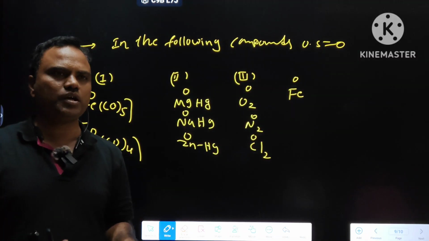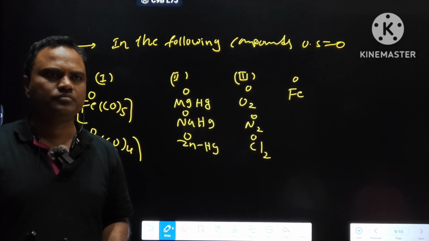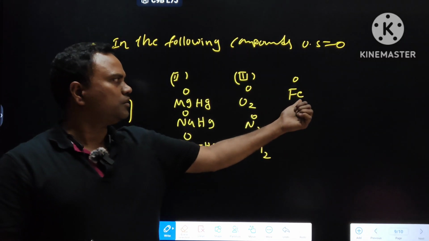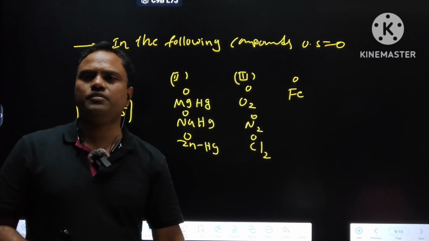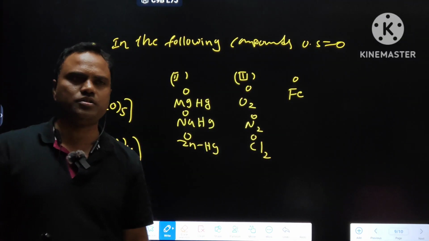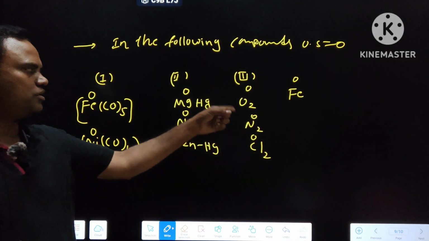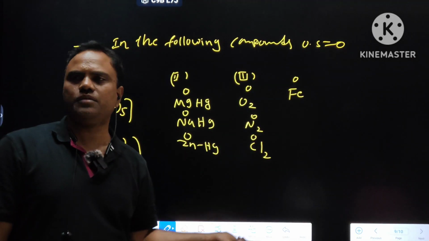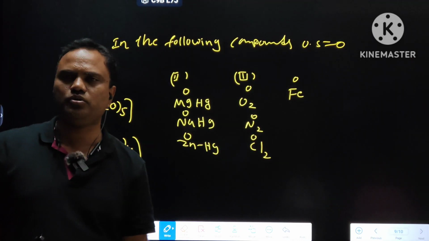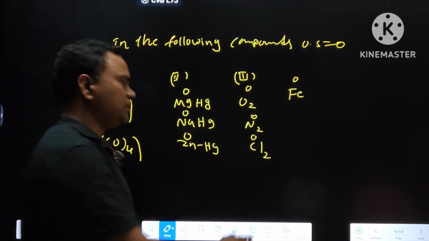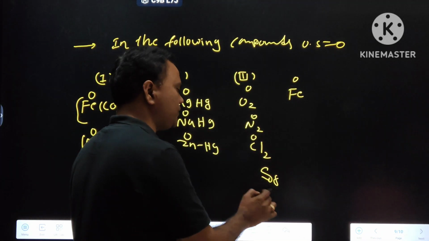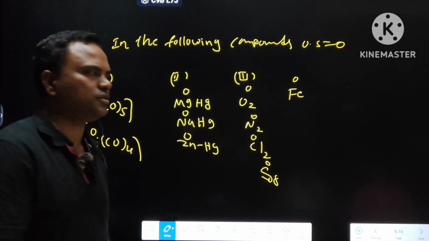When an element is not in combination with any other element, its oxidation state is 0. Single atom oxidation state is 0. Molecules in which the same kind of atoms are present: O2, N2, P4, S8. In S8, all 8 are sulfur atoms only. Here also oxidation state is 0.